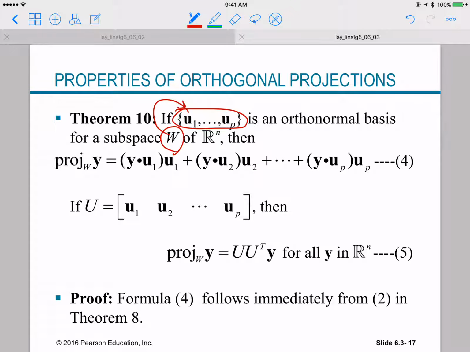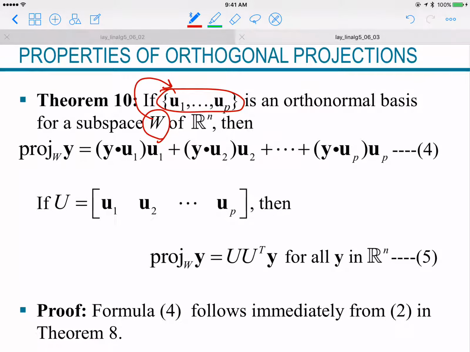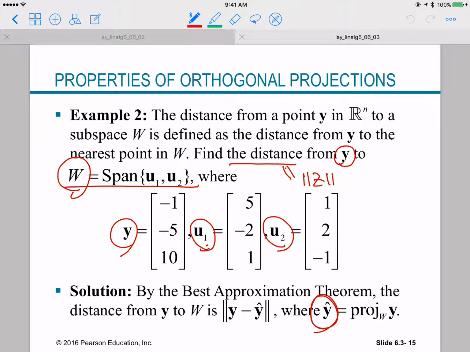And in this case, the problem is still to obtain the orthogonal projection. So suppose Y is this, and suppose U1 and U2 are your orthonormal basis vectors for the subspace W. And then how can we compute this Y hat?